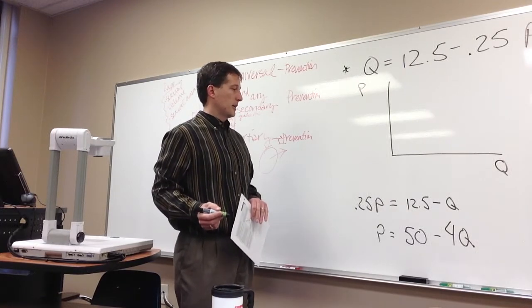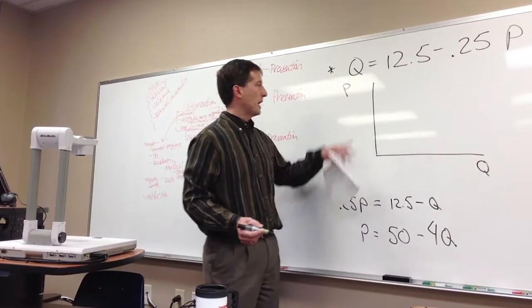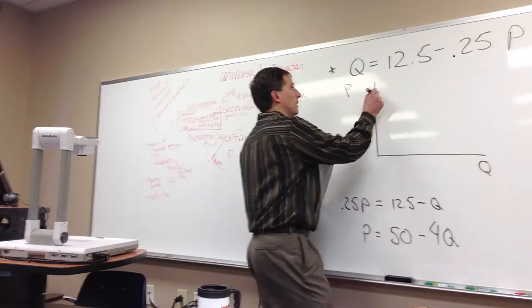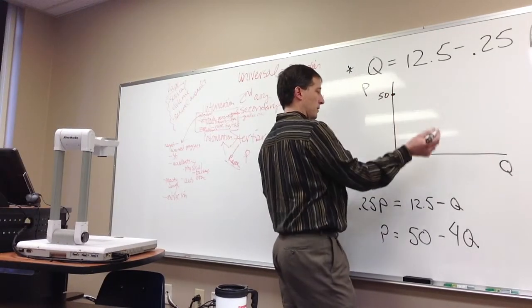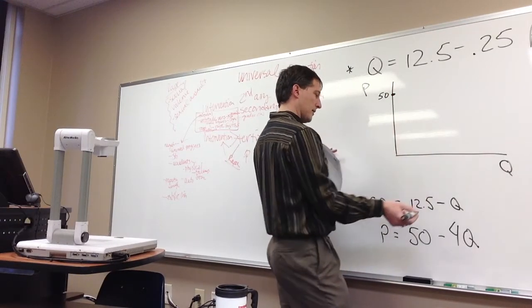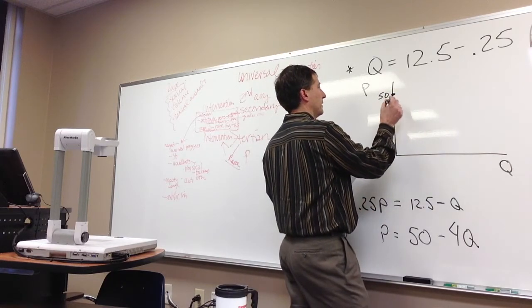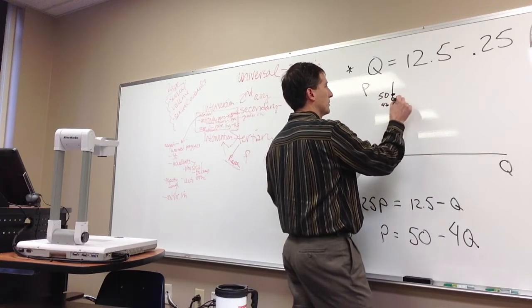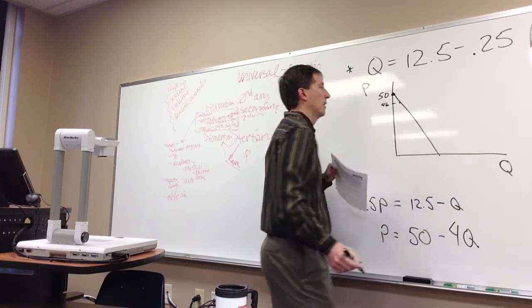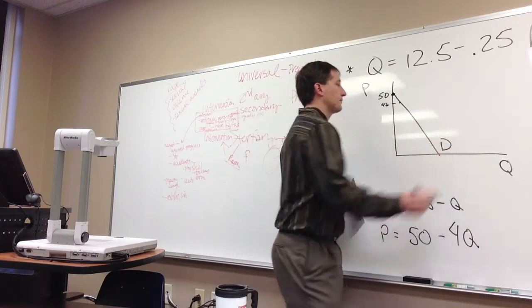Okay, so there's our inverse demand curve. Now we can plot that up. We've got the simple slope-intercept form. Rising and running, so down 4, down to 46, over 1. Something that looks like that.